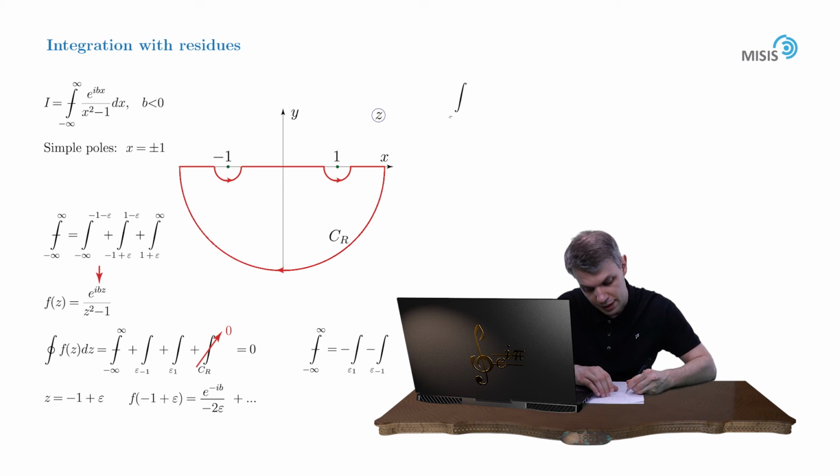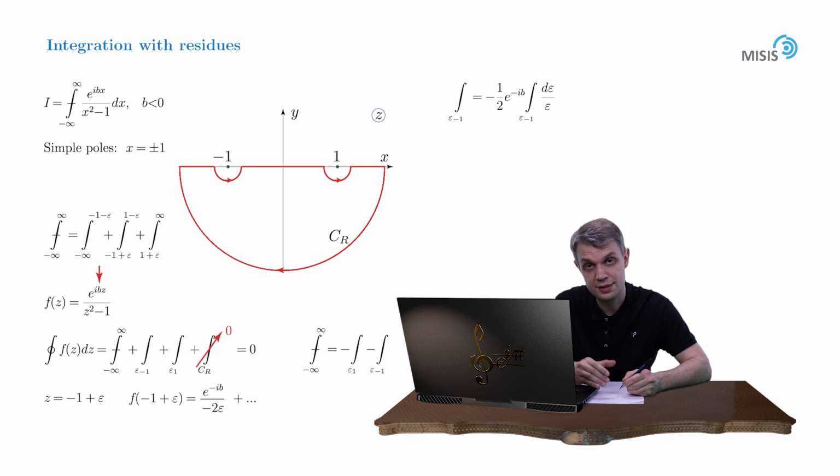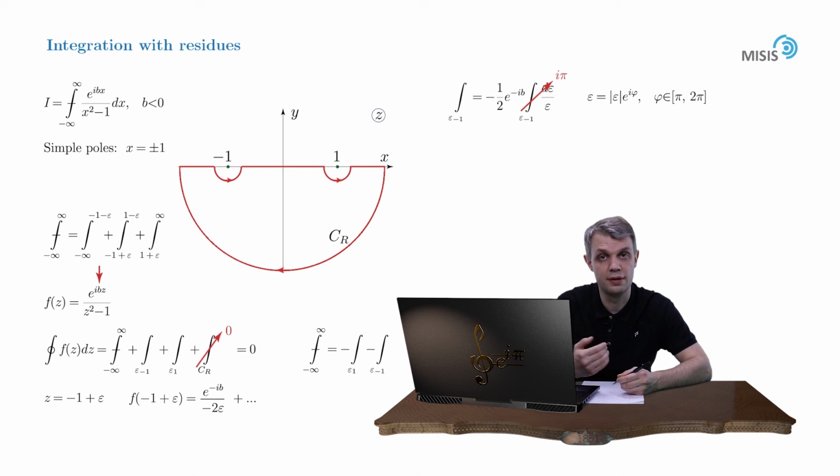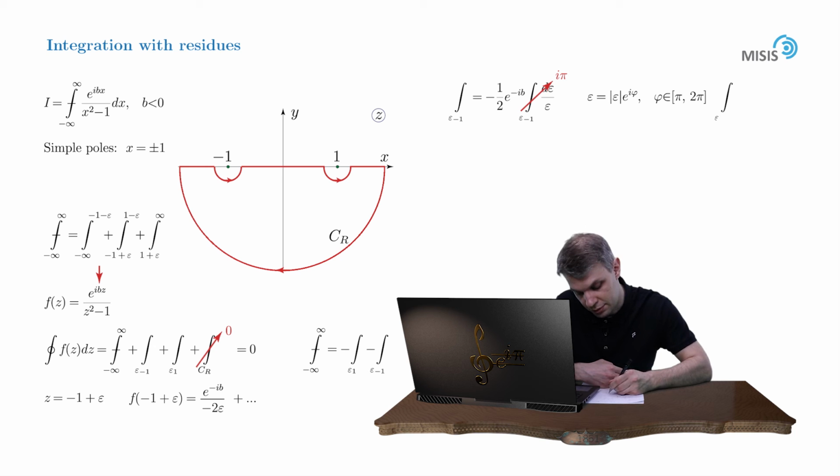Now the integral is equal to -1/2 times e to minus ib times the integral of d epsilon over epsilon. This integral is computed via standard parameterization. Epsilon equals modulus of epsilon times e to i phi, where phi changes from pi to 2 pi. The evaluation is straightforward, and we obtain i pi. So the integral along the left semicircle is equal to minus i pi by 2 times e to minus ib.